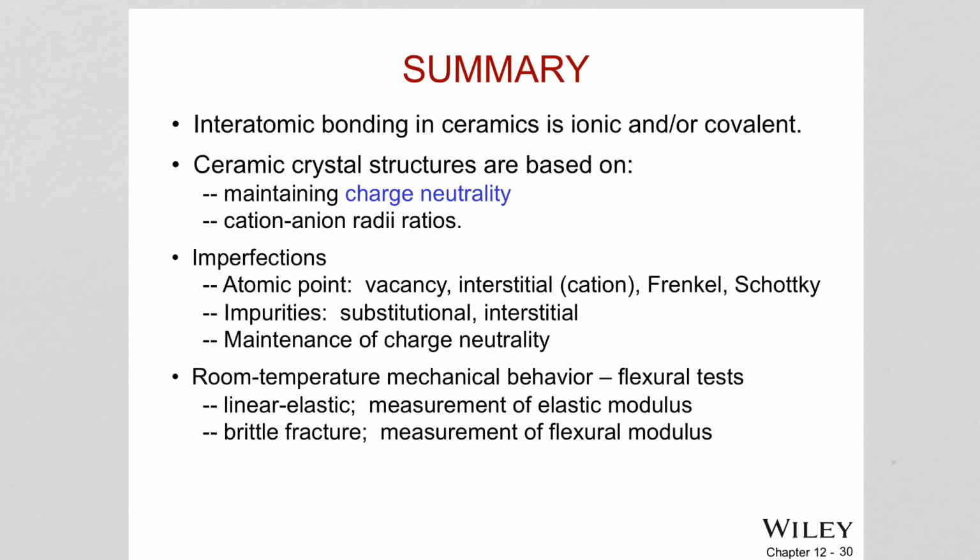Imperfections can be similar to what we have seen in metals, like vacancies and interstitials, and there are also other ionic defects like Frenkel and Schottky defects. There can be impurities, substitutional and interstitial. So the key here is to maintain the charge neutrality.